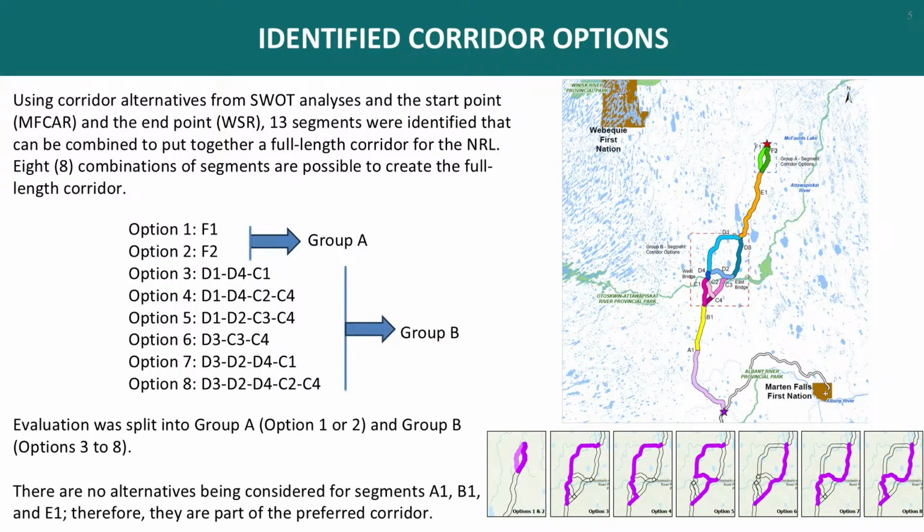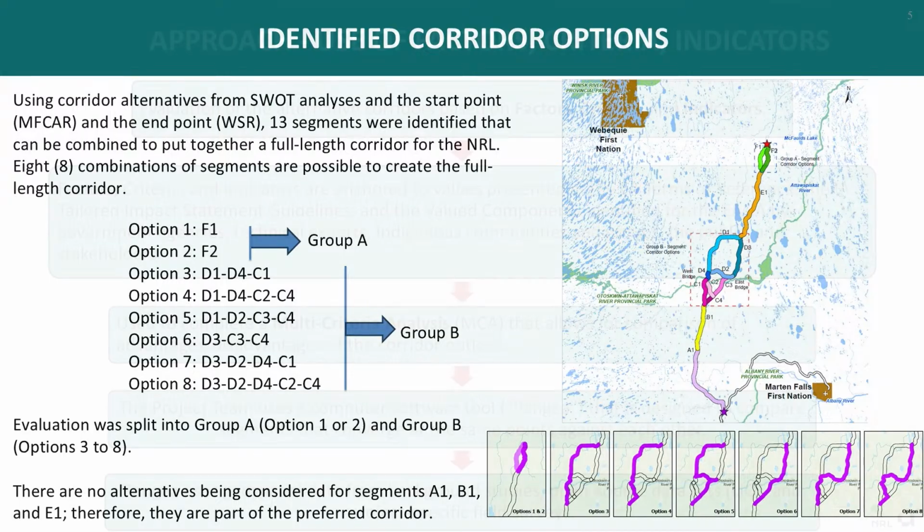Options one and two are in what's called Group A, and you can see them on your map, F1 and F2, and then we have the other remaining options, through 8, which form Group B. So basically, what we're doing is looking at different segments of potential road corridors, comparing them and trying to identify the best ones. Then we take all these, and they have to connect together to go from the beginning of the road to the end of the road. That's how it basically works.